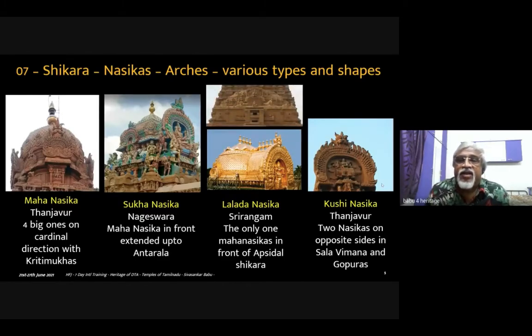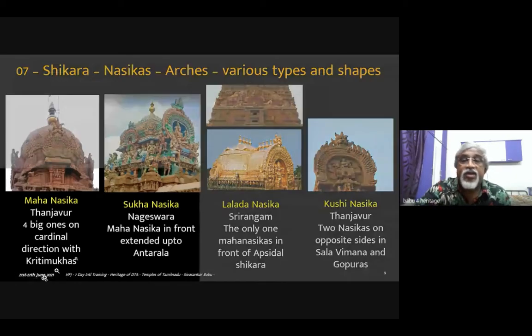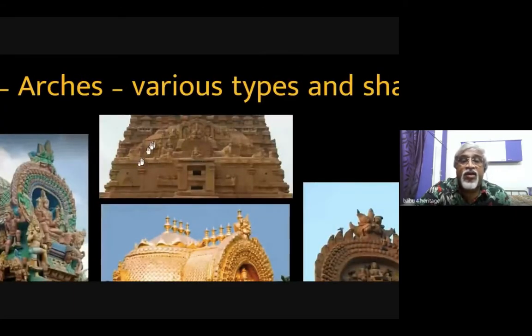On top of it, there is one ultimate Mahanasika, which is available on top of Brihadiswara temple's third layer. It covers the entire temple and it rises up to 3 levels.